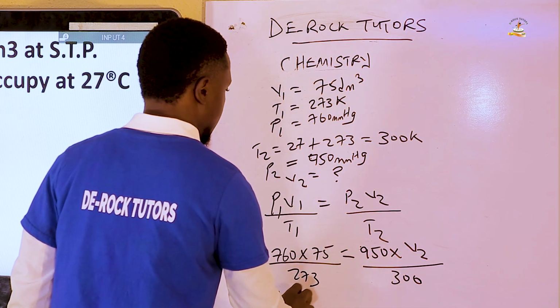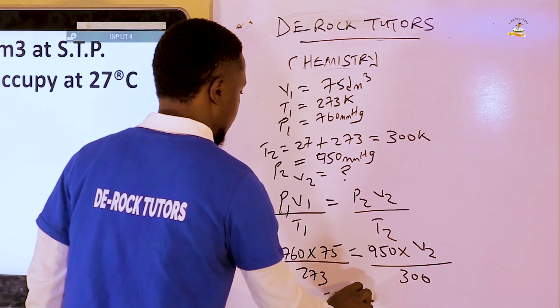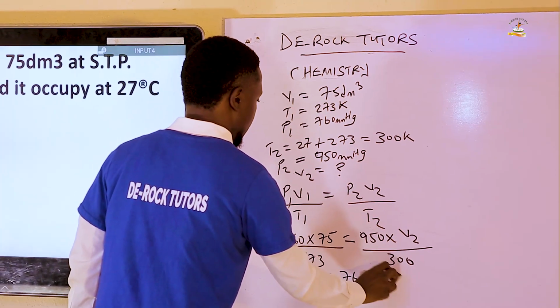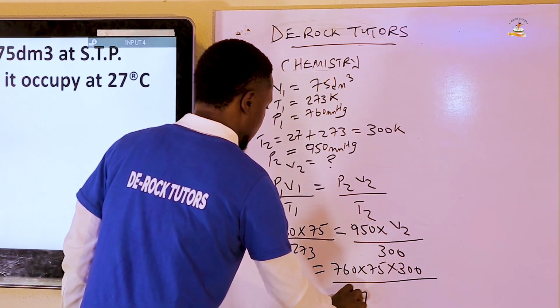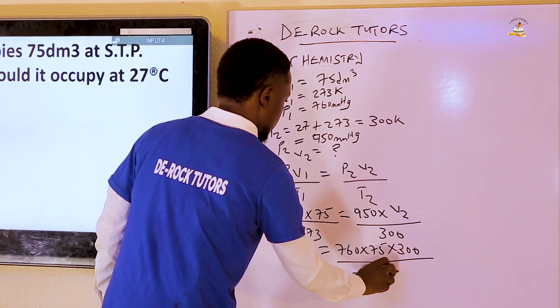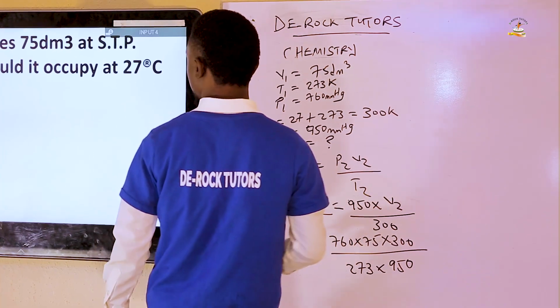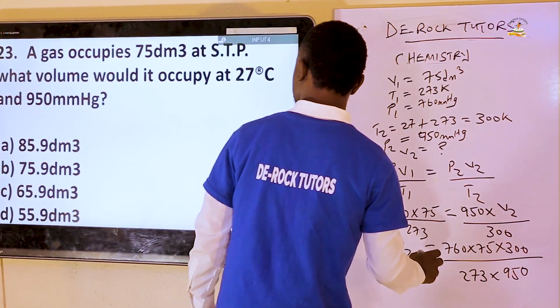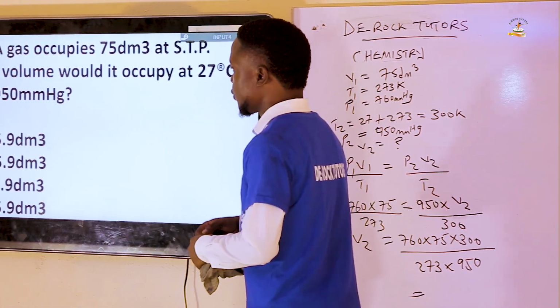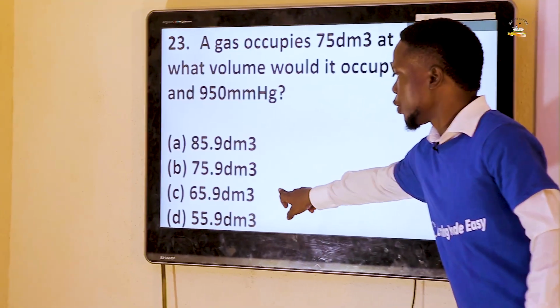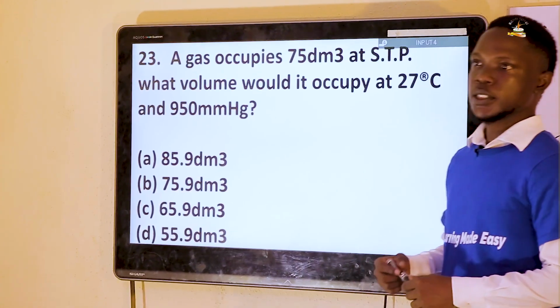So when we calculate everything together, 760 times 75 times 300 divided by 273 times 950. So the answer should give us 65.9, option C.